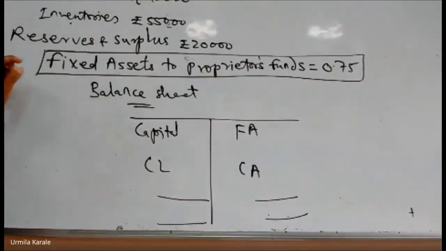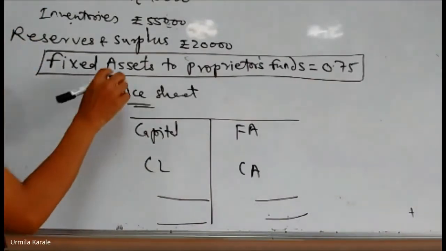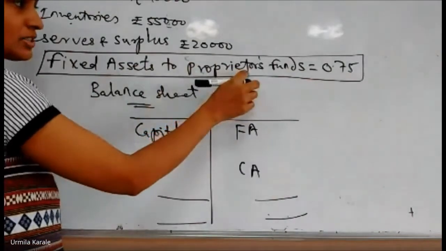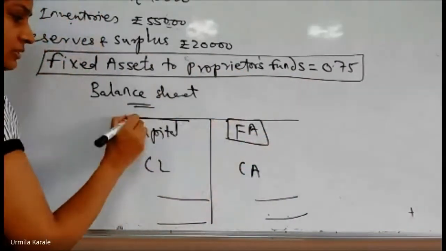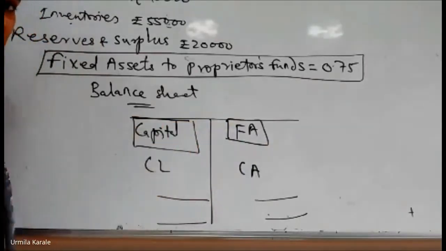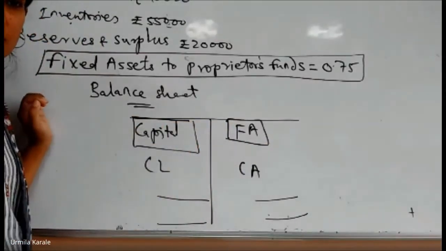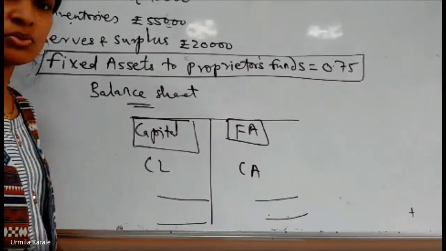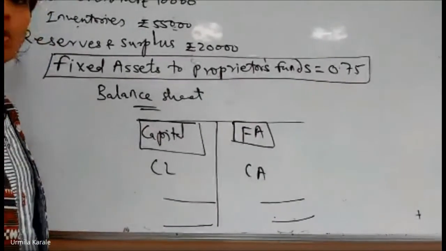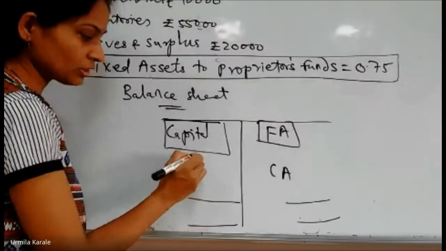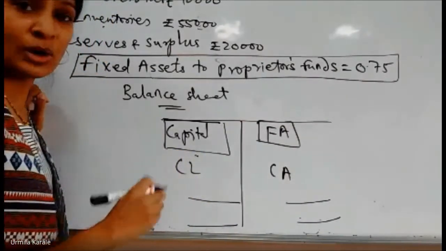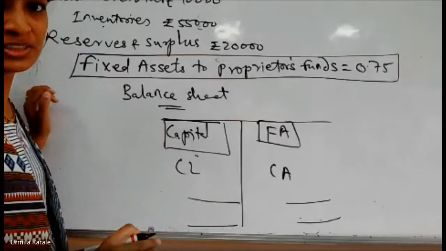Now just see, what is given to you is fixed assets to proprietors funds. Now what I said, there are no long-term borrowings and no fictitious assets. You don't have long-term borrowings. What does it mean? You have only your funds invested in the business.